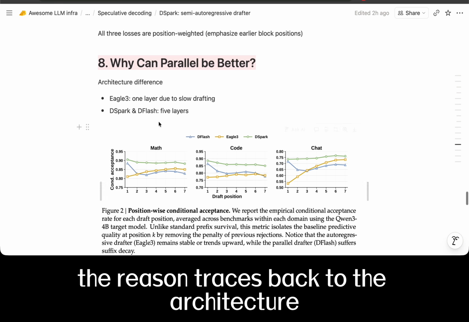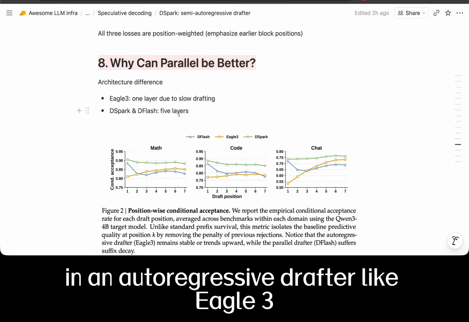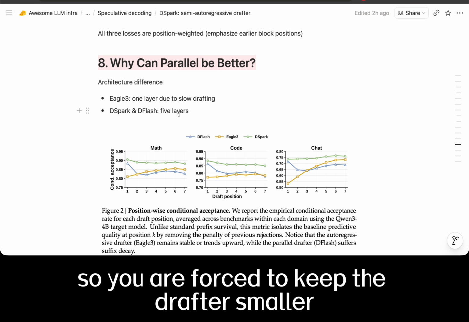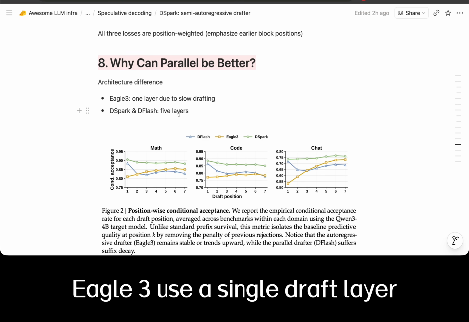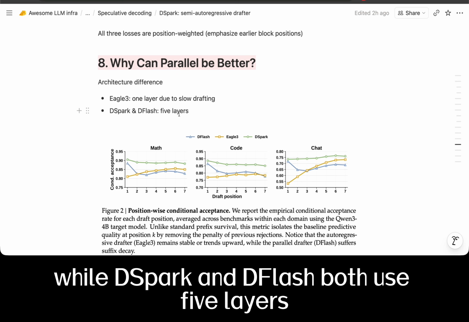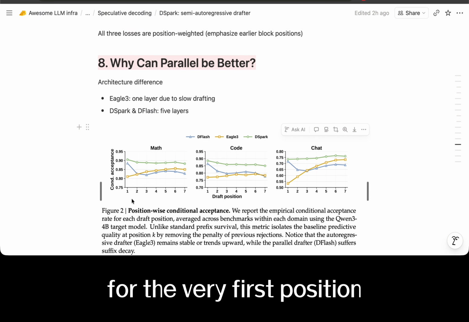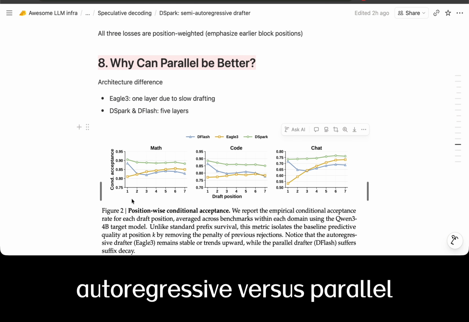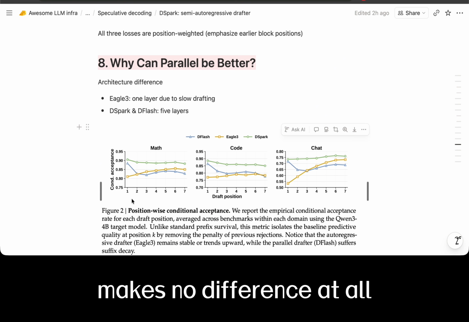The reason traces back to the architecture. In an autoregressive drafter like Eagle 3, drafting is slow, so you are forced to keep the drafter smaller. In this paper, Eagle 3 uses a single draft layer, while DSpark and DFlash both use 5 layers. Now think about position 1. For the very first position, autoregressive versus parallel makes no difference at all.